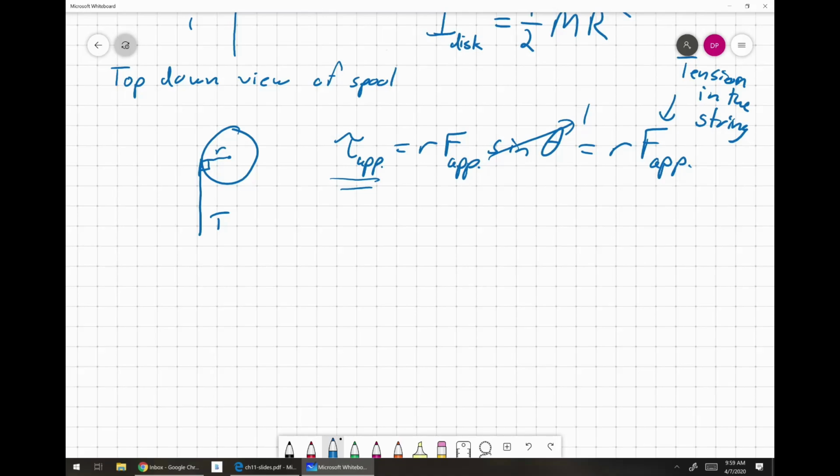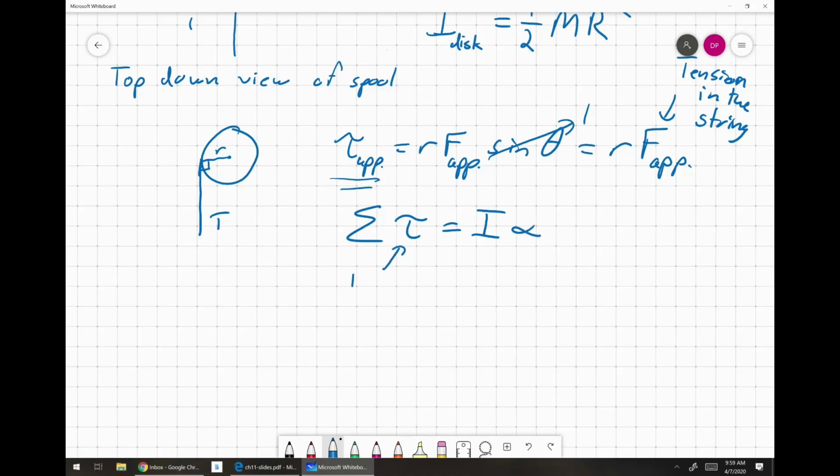And that's important because, like I was saying, our moment of inertia is the rotational equivalent of our mass, and we can write a rotational equivalent for our Newton's second law. So if we sum all of the torques acting on some system, that should be equal to the moment of inertia of the system times our angular acceleration.